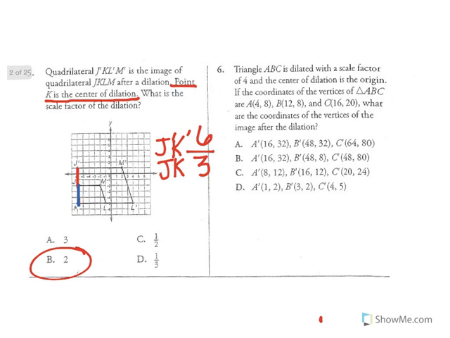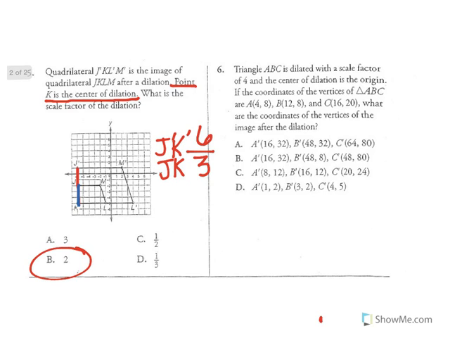Okay, number 6 says triangle ABC is dilated with a scale factor of 4, and the center of dilation is the origin. If the coordinates of the vertices of triangle ABC are A 4, 8, B 12, 8, C 16, 20, what are the coordinates of the vertices of the image after the dilation?